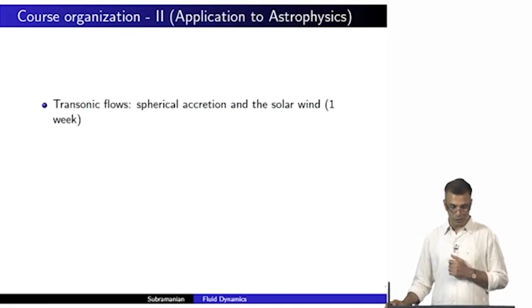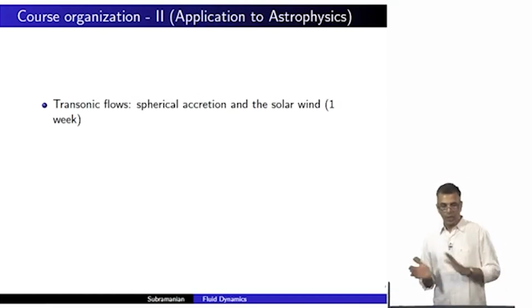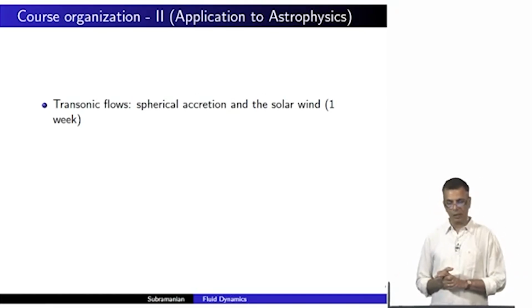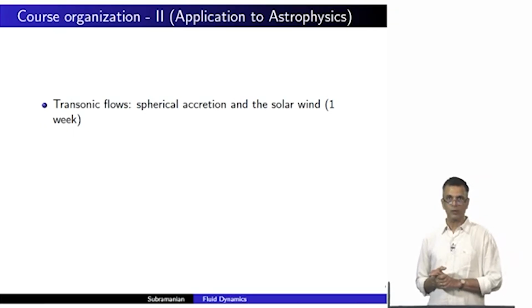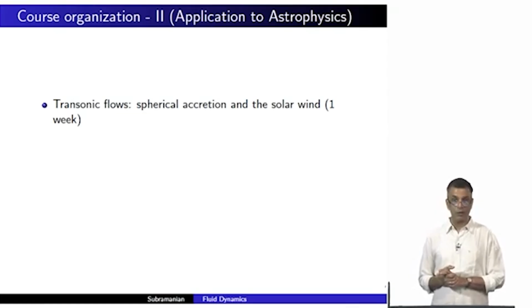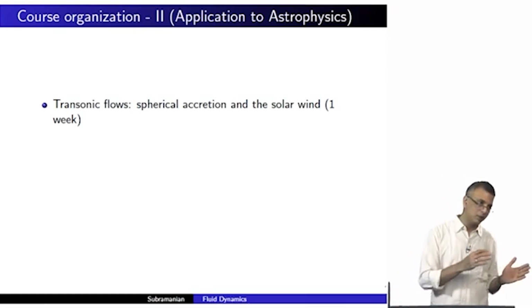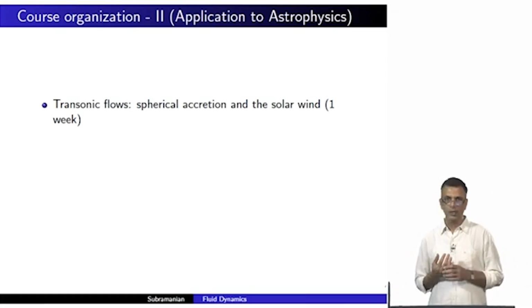So this is the next thing, and the second half of the course we will concentrate mostly on applications to astrophysics. We will first of all start talking about transonic flows. By transonic I mean flows that, sonic refers to the speed of sound.